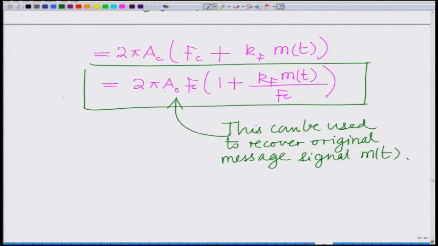So, this is the output of the envelope detector which can be used to recover the original message signal m t.